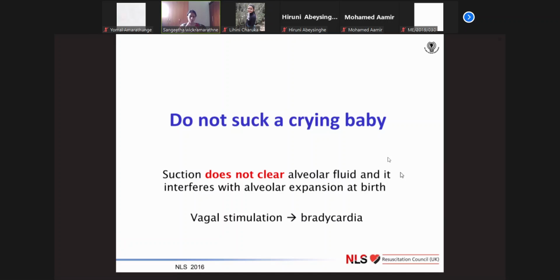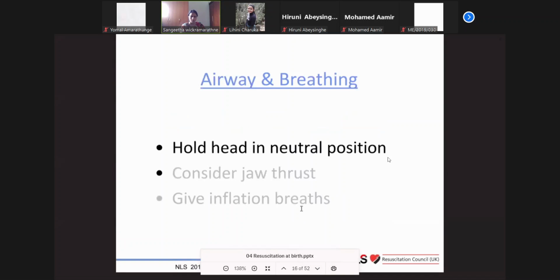And a crying baby, you don't have to at all. It can even stimulate the vagus nerve and lead to bradycardia. You can see even in ICU babies, when the nurses are suctioning for a long time, sometimes they go into bradycardia and cardiac arrest. That's why suctioning is not recommended in the first place.